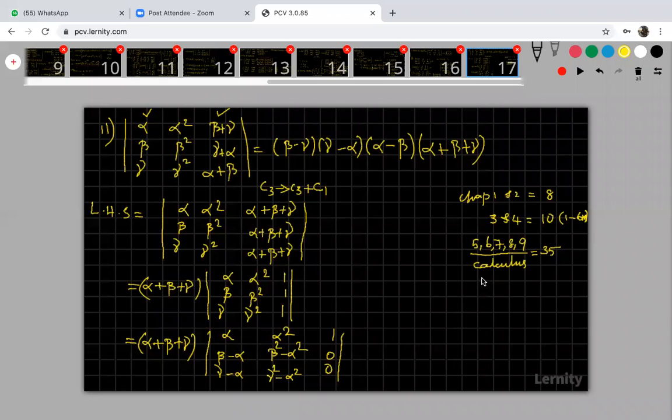Chapters 10 and 11, vector and 3D, we have 14 marks. Chapter 12, linear programming problem, we have 5 marks only. In chapter 13, probability, I think we have 8 marks only.